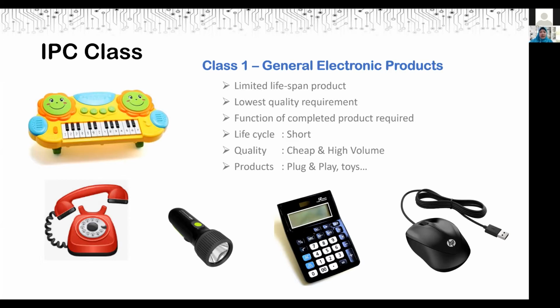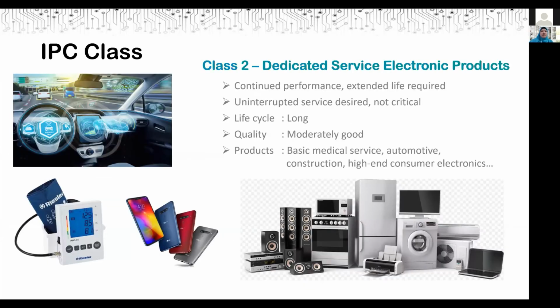As long as you can plug in or put in a battery and it functions, power on, power off, and performs as what it's intended for, then it's good enough. In general, we can see children's toys and everyday items in the house or office are usually in this category. If this product spoils, you can just easily replace it and it's cheap. And definitely cost is a very big factor in Class 1 general electronic products.